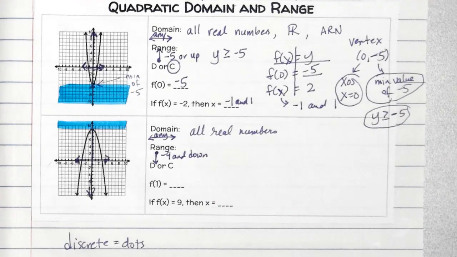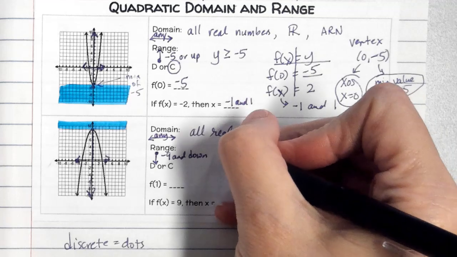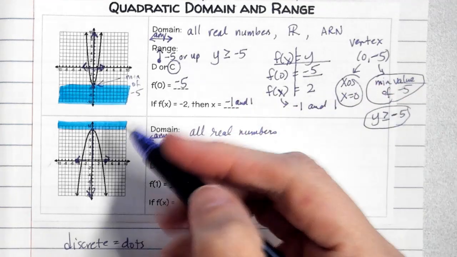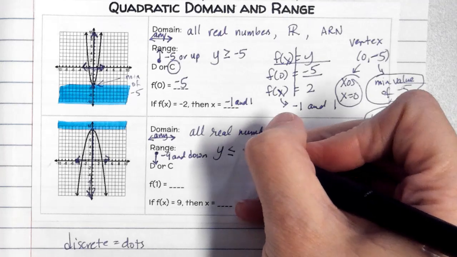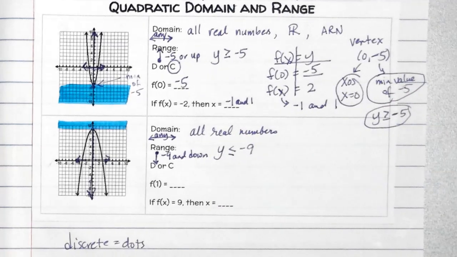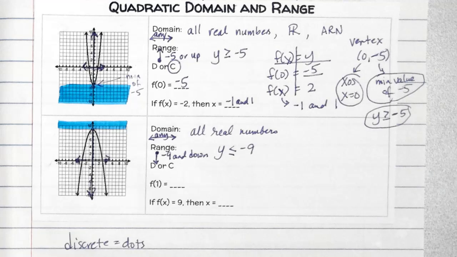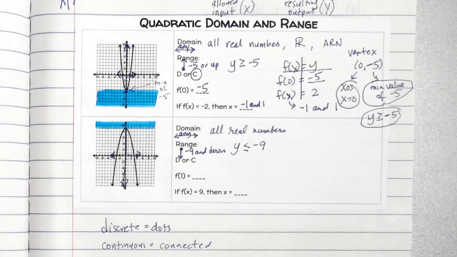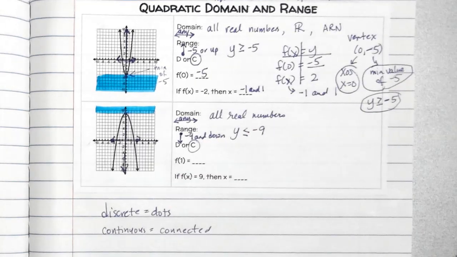All right. When I see my range here is -9 and down, that means the y values I want are less than or equal to -9. And I said or equal to because I don't see a bubble here, so I can include it. All right. I'm connected on this one. So again, we said discrete is dots, continuous is connected. Since it's connected, we have continuous data.